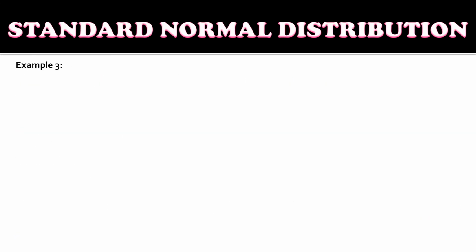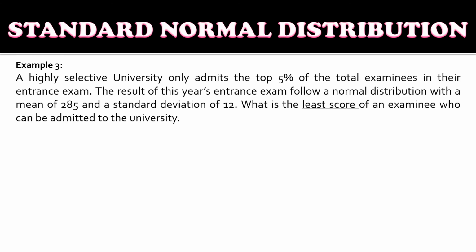And example number 3. A highly selective university only admits the top 5% of the total examinees in their entrance exam. The result of this year's entrance exam follows a normal distribution with a mean of 285 and a standard deviation of 12. So what is the least score of an examinee who can be admitted to the university?